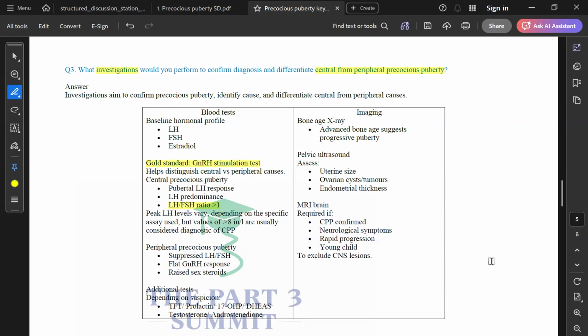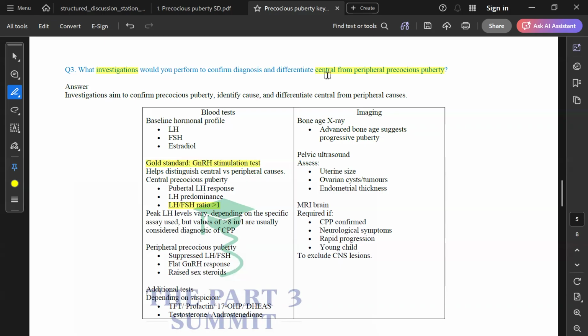The additional tests, of course, you will rule out the other conditions like TFT, prolactin, 17-OHP, VMA, based on her presentation. She might be having any androgenic features or any headache or associated hyperprolactinemia symptoms or thyroid-related symptoms like cold intolerance, or her BMI may be on the higher side, right? So these are all the things you will rule out on suspicion.